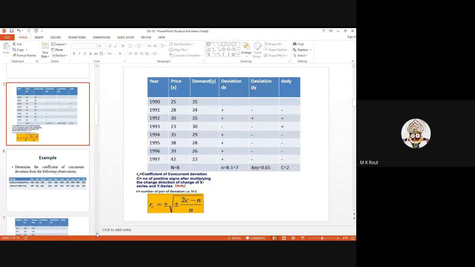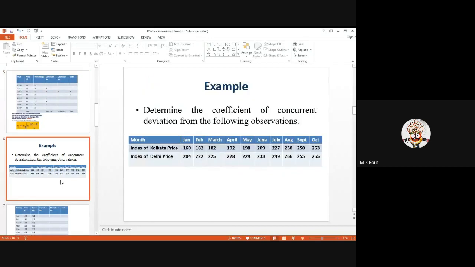So, solving another example, try to solve this one. Determine the coefficient of concurrent deviation from the following observations. Months are given from January to October. The index of Kolkata price for a particular product is 169, 182, 182, 192, 198, 209, 227, 238, 250, 253.